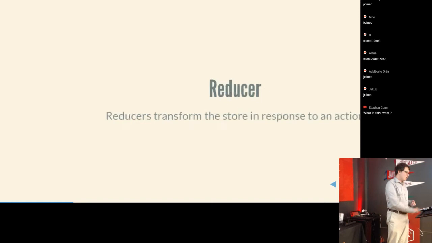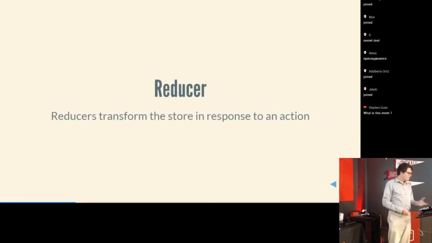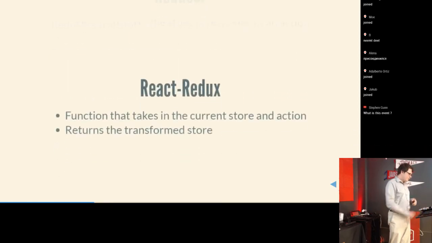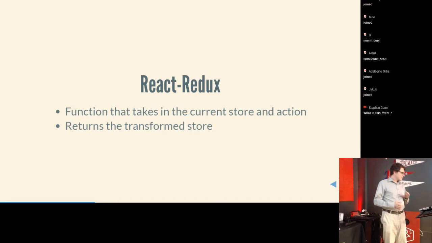So next we're going to talk about the reducer. The common definition here is that the reducer transforms the store in response to an action. And again, in Elm you can't transform a store, and in Redux you really don't want to actually change the store. You want to return a new state. So in React Redux, these reducers take the form of functions which take in the current store and an action, and then return the transformed store.